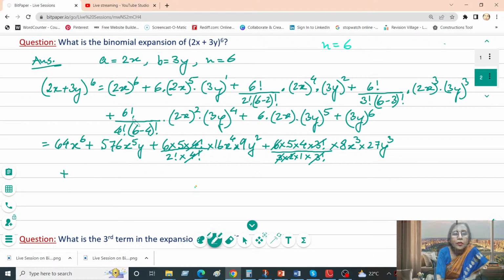It is 6 factorial. And now you see there are 7 terms in total. So it will be 1, 2, 3, 4, 5, 6, and then 7. So which one will be the middle term? It should be the 4th term. 1, 2, 3. This is the 4th term.